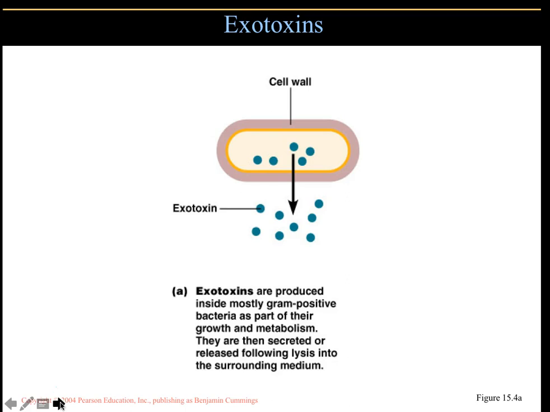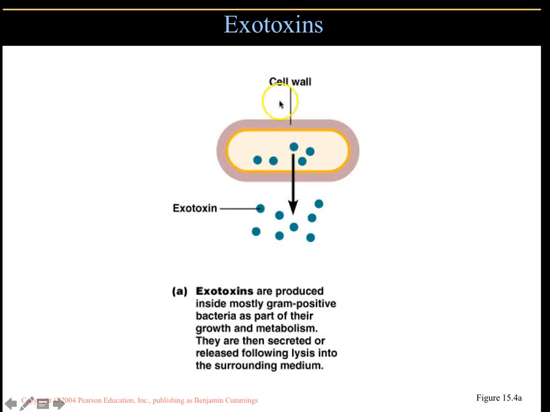If you kill the bacteria making the exotoxin, then the bacteria will stop producing it. But if there is still exotoxin in the body, you can still have extreme effects due to the exotoxin.